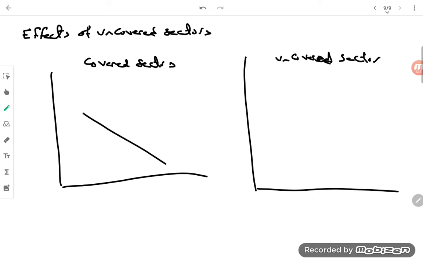This is the demand curve for the covered, and this is the demand curve for the uncovered sector. Now let's start before applying minimum wage rate, or when there is no minimum wage rate, and the wages in this case will be W0.